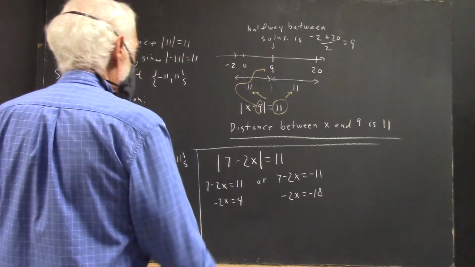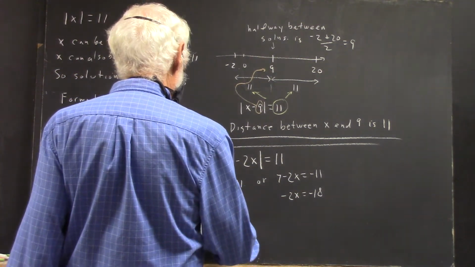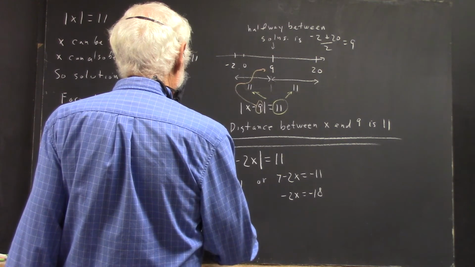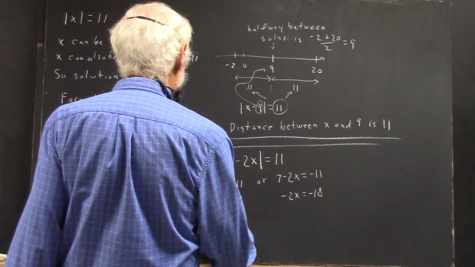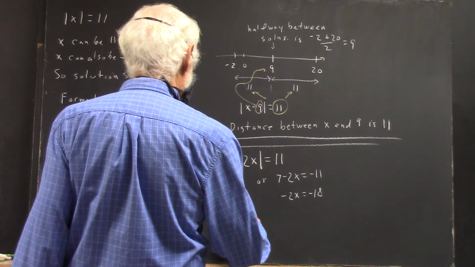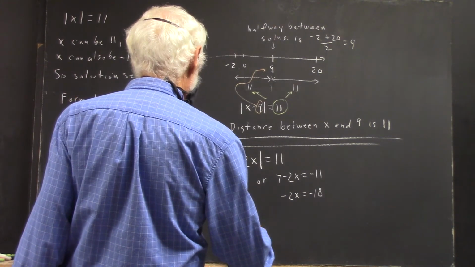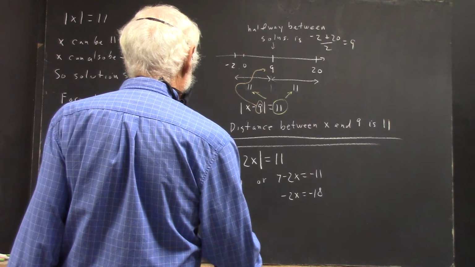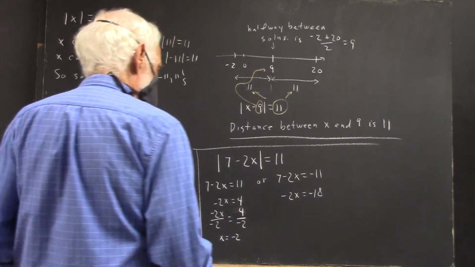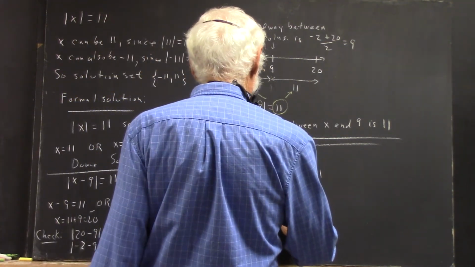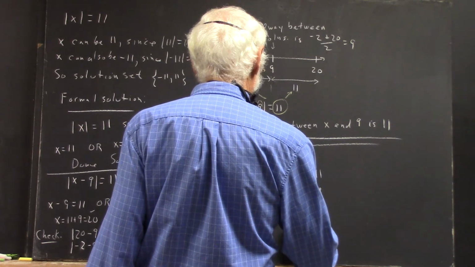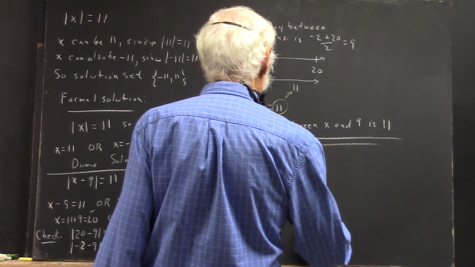So, okay, anyhow, negative 2x equals 4. Well, that's negative 2x over negative 2 equals 4 over negative 2, so that x equals negative 2. This one, negative 2x over negative 2 equals negative 18 over negative 2.